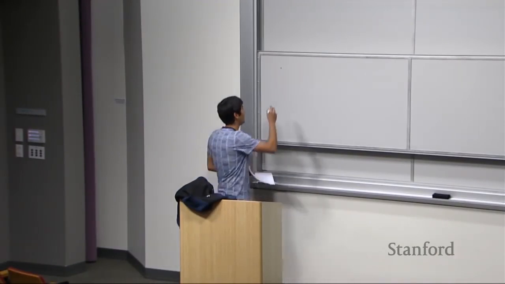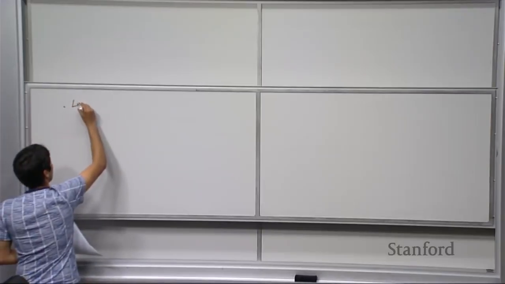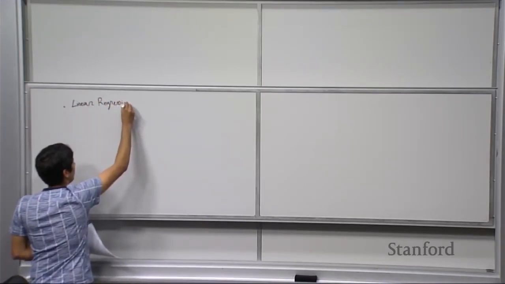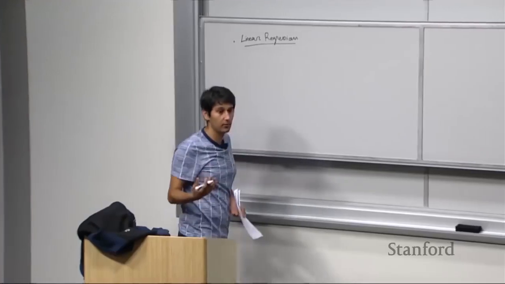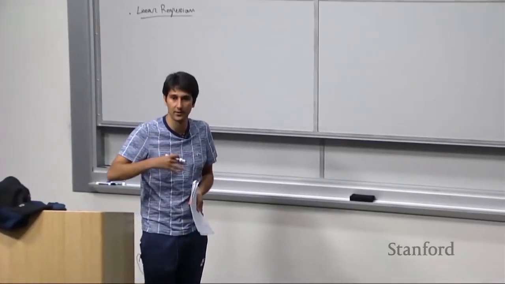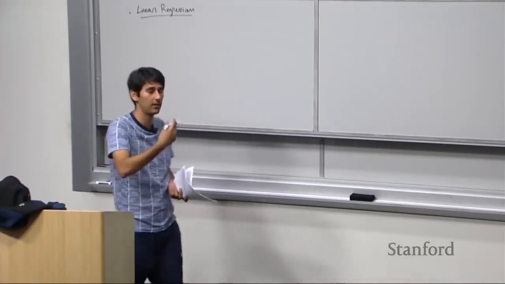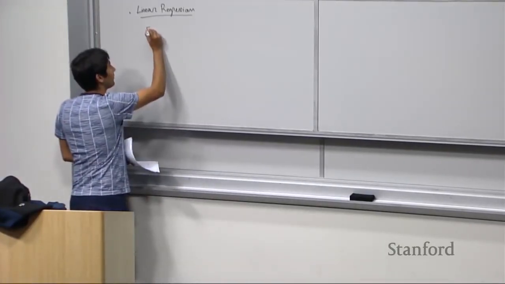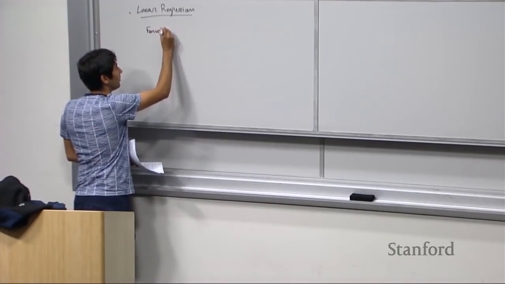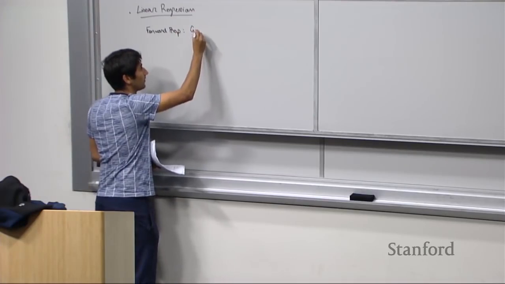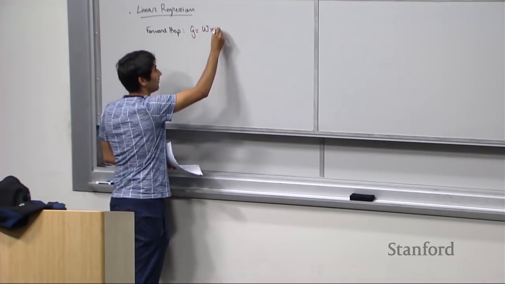So let's see why. The example I'm going to look at is linear regression. Together we've seen logistic regression. Linear regression is basically the same thing without the sigmoid. So before the sigmoid, we have y hat equals Wx plus b. So the forward propagation of our network is going to be y hat equals Wx plus b.